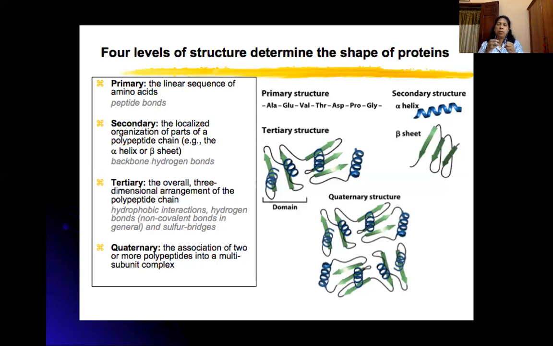Sometimes these units are bridged with each other with a sulfur bridge or a different type of bond. Therefore, a multi-subunit complex is formed. It's a very complicated structure, very difficult to explain.